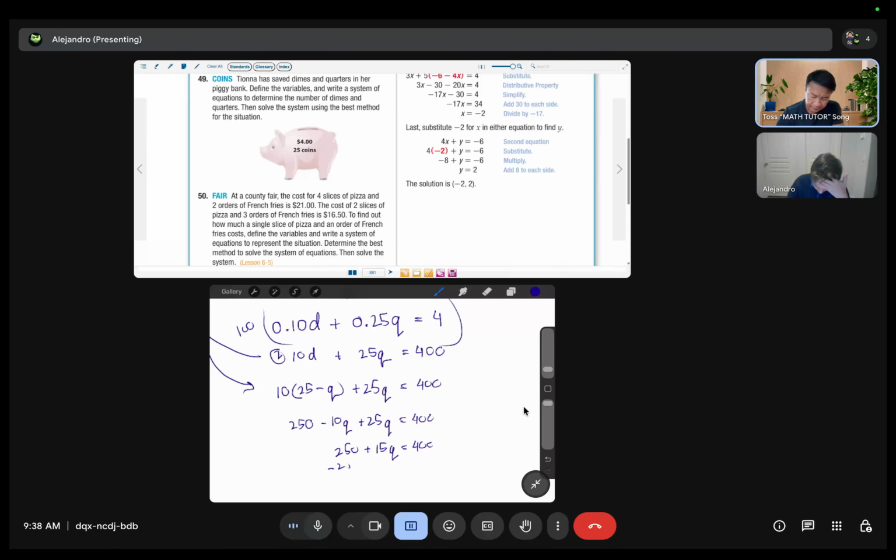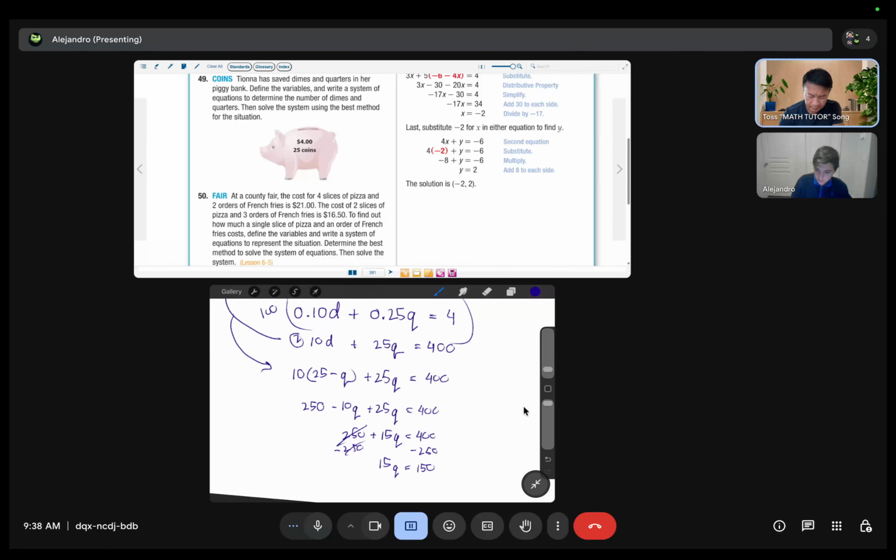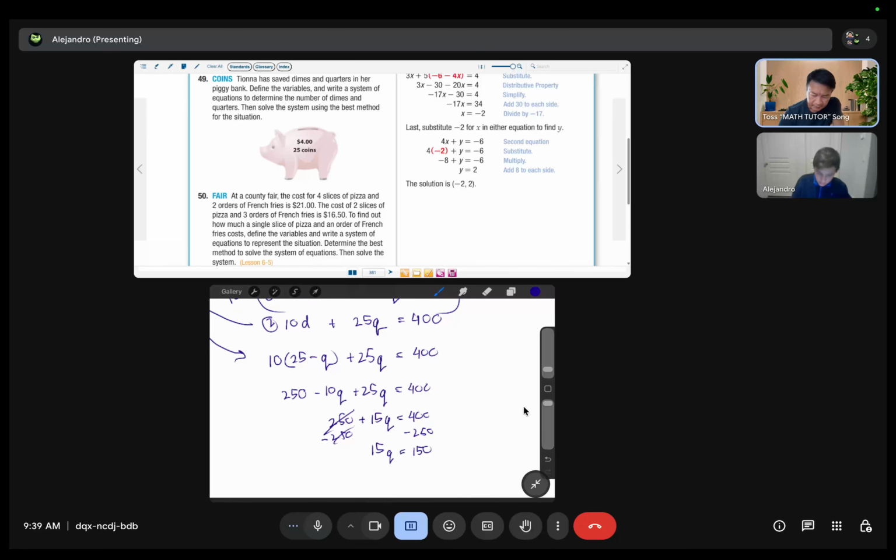Subtract both sides by 250. 15Q equals, what is that? 150, I think. Yeah. And then divide both sides by 15. Nice number here. So Q, the number of quarters, is 10. 10 quarters.